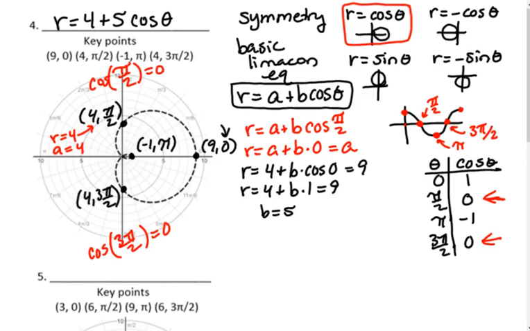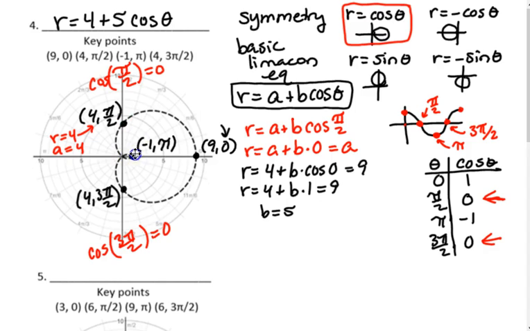Okay, so let's think through this again. My key values for cosine are 1, 0, negative 1, and 0. So when cosine of theta is 0, then r just equals 4. And that occurs at pi over 2 and 3 pi over 2. So I always find that number first.